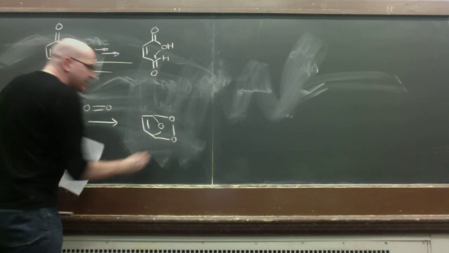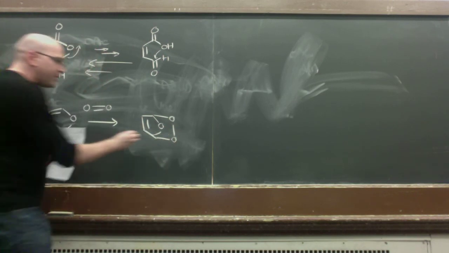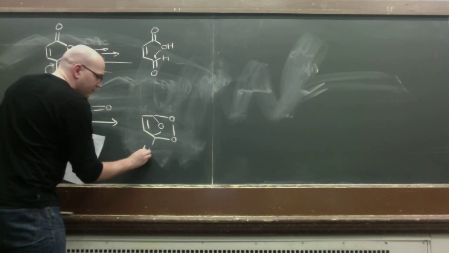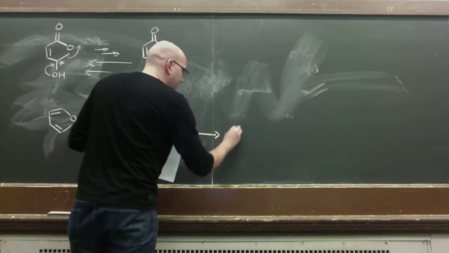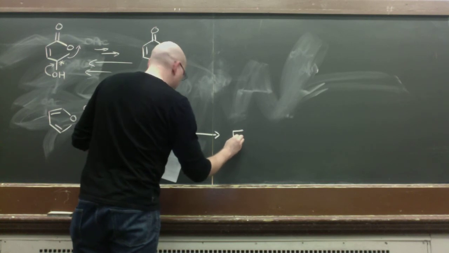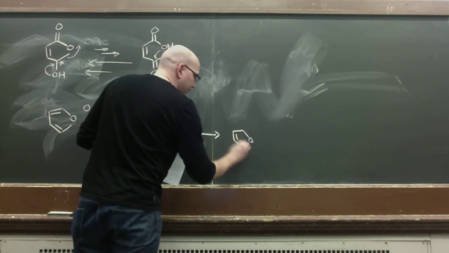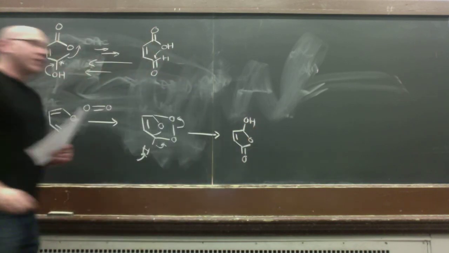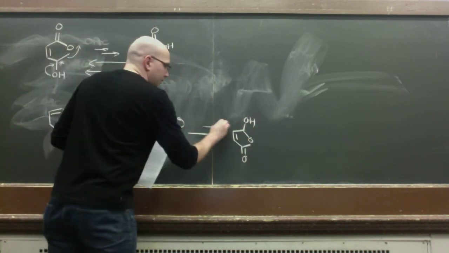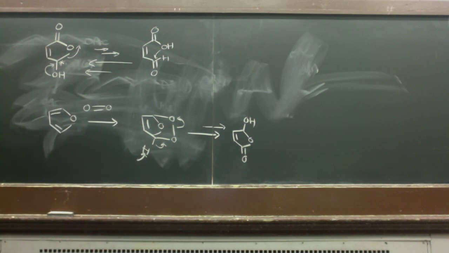And then in the presence of, say, a base, you can open this molecule. So very cheap, very quickly, using furan, which is cheap, and using oxygen, and just a little bit of light, you can actually generate these molecules really quickly.